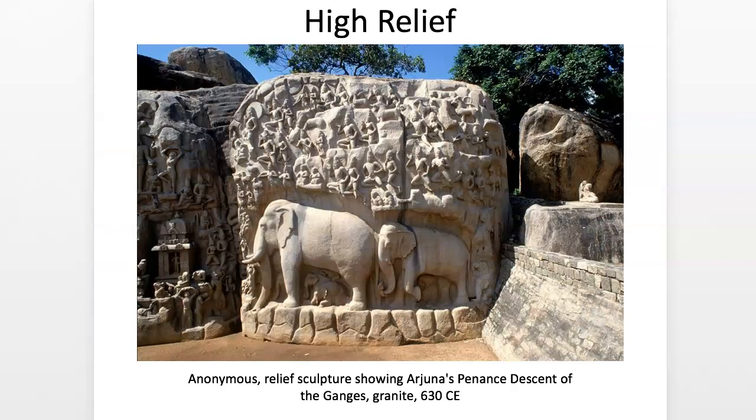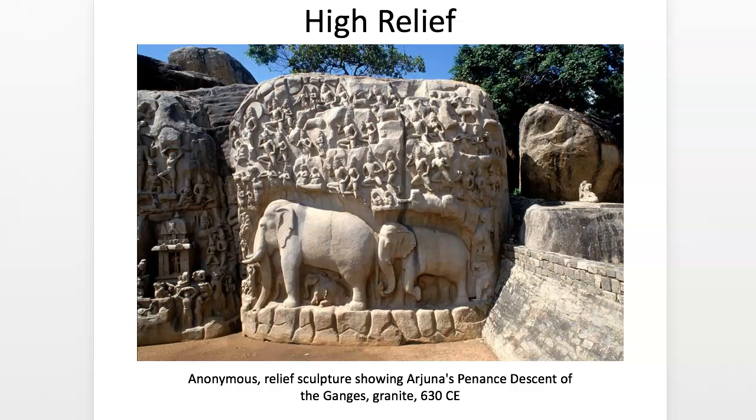You can get really high relief where it can almost feel like it's becoming 3D, where it's undercut. That's an undercut, where it goes down beneath it, where you can't necessarily see exactly where it's attached. This is from a legend depicted in the relief, a story of the descent of the sacred river Ganges to earth from the heavens.